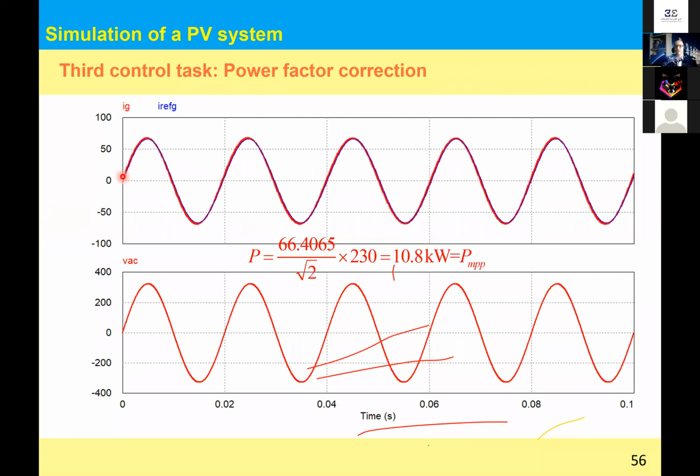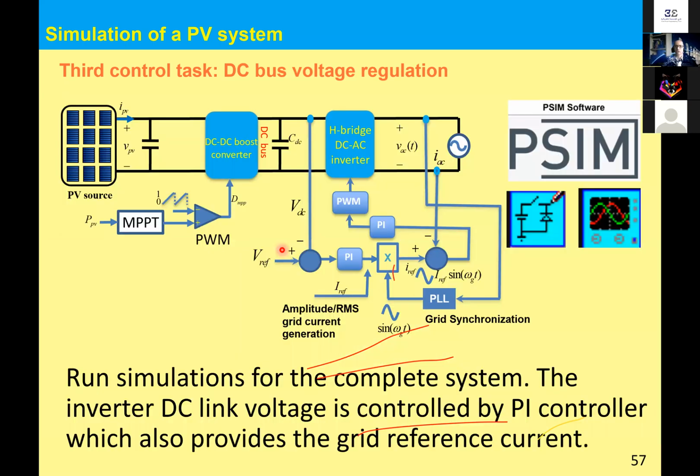Now, instead of giving the reference manually, I will make it be provided by a controller. This controller controls the voltage at the DC link here. By means of a PI controller, I get the right value of the amplitude of this reference.